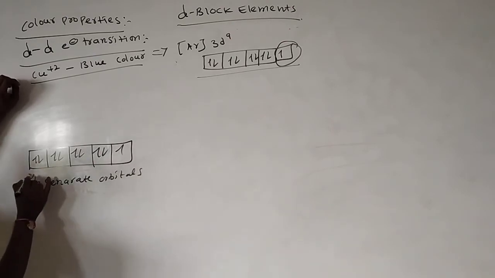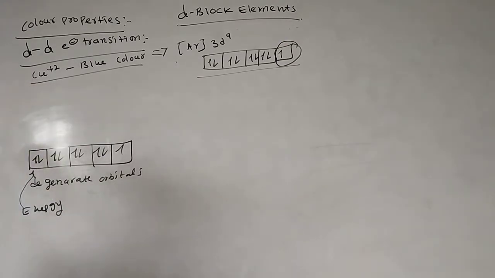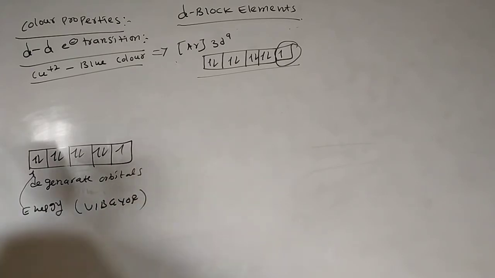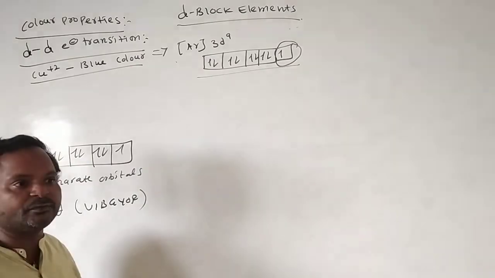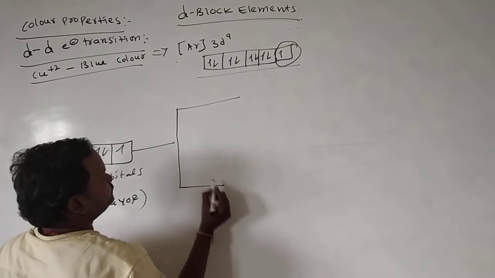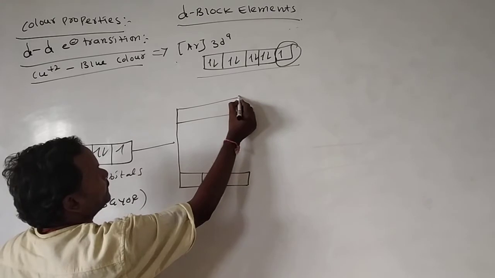When these degenerate orbitals absorb energy, that means when exposed to sunlight, it absorbs one colored energy from the visible light and splits into two types of orbitals.